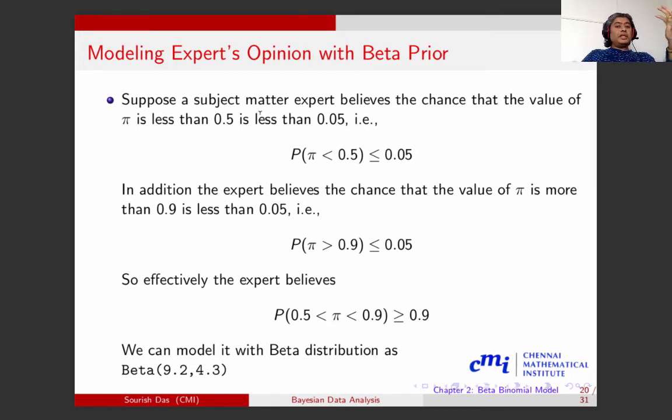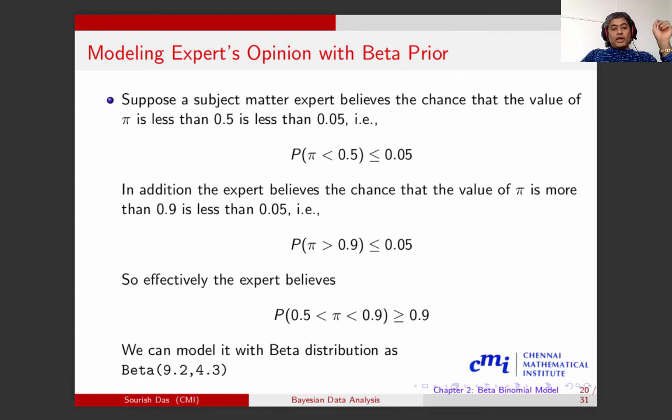Now that I have modeled the expert's opinion about pi, I can use this beta distribution as the prior, because the expert's opinion is also information, and if I want to use that information in my study, there should be a way, and the Bayesian way is one way of doing it.